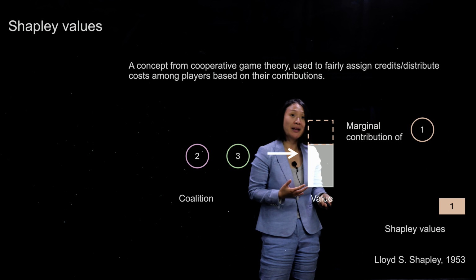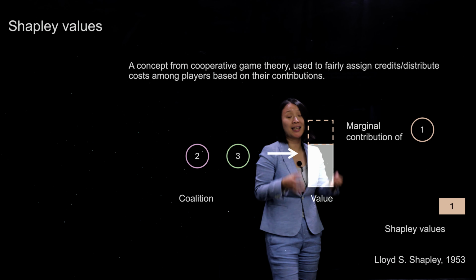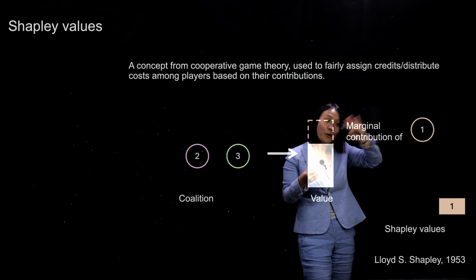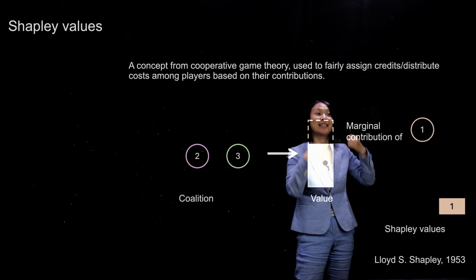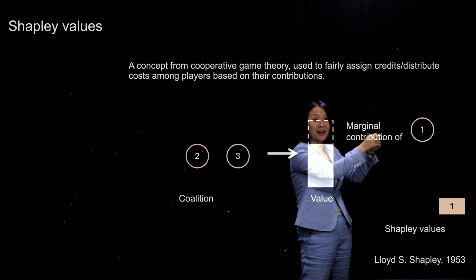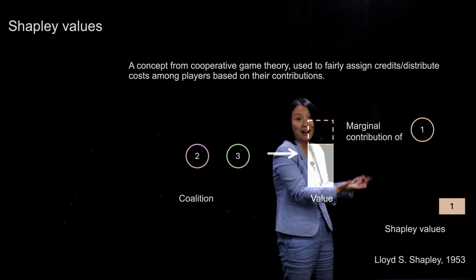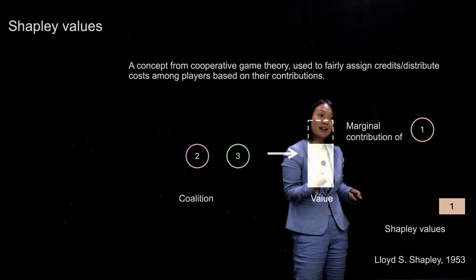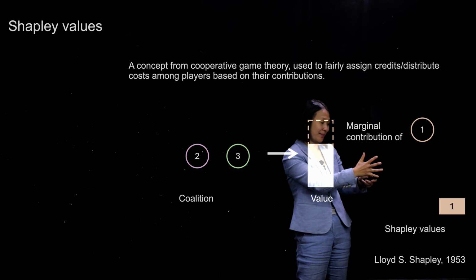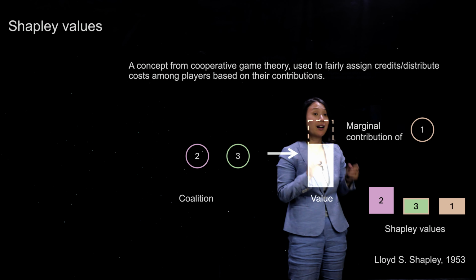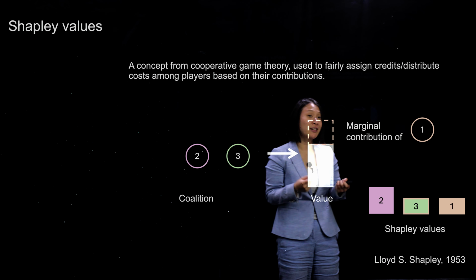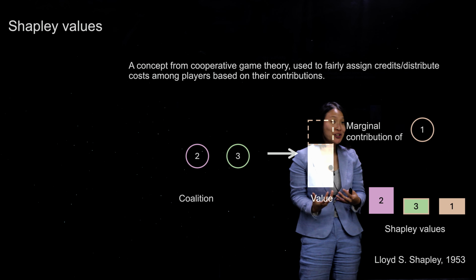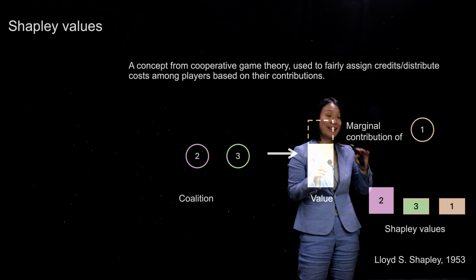So what Shapley values take into account is it takes the average of all the possible coalitions and the contributions from member 1, and then we average it. So this is the way we can compute the Shapley value for member 1. Similarly, we can compute the Shapley values which quantify the contribution of players 2 and 3 in a similar way.